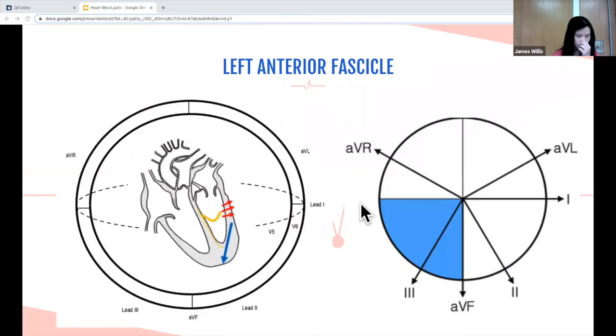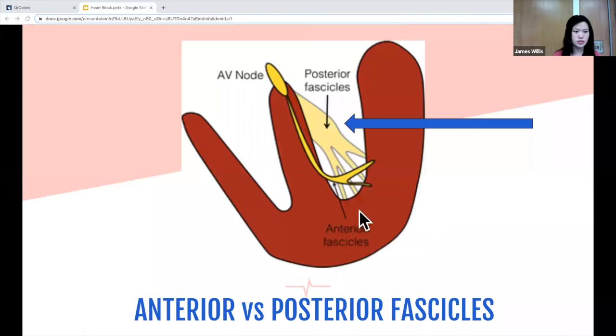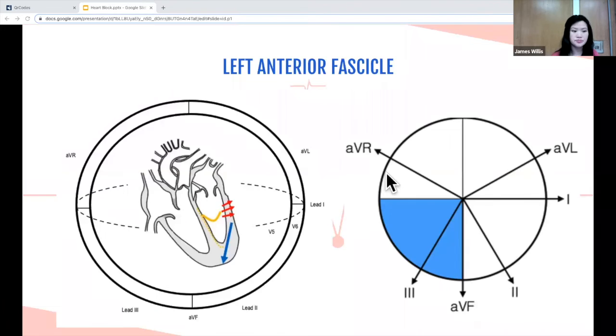So before we can talk about what the anterior or posterior fascicular blocks are going to look like, we have to figure out what exactly they do. So what does the left anterior fascicle do? Remember, this left anterior fascicle is right here. It's this thin little wire that connects to the left side of the heart.